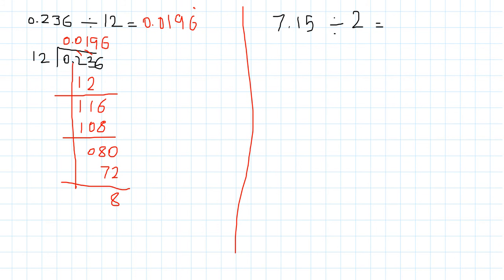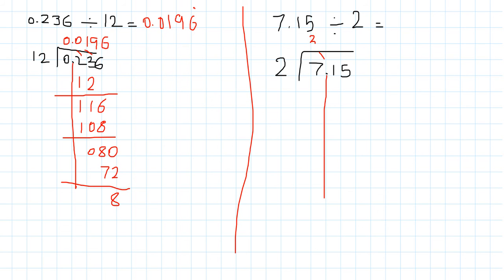Okay, easily I say 2 here, and this is 7.15. I want to solve it, so I take it down. It is a wall. Now I ask how many 2 are there in 7.